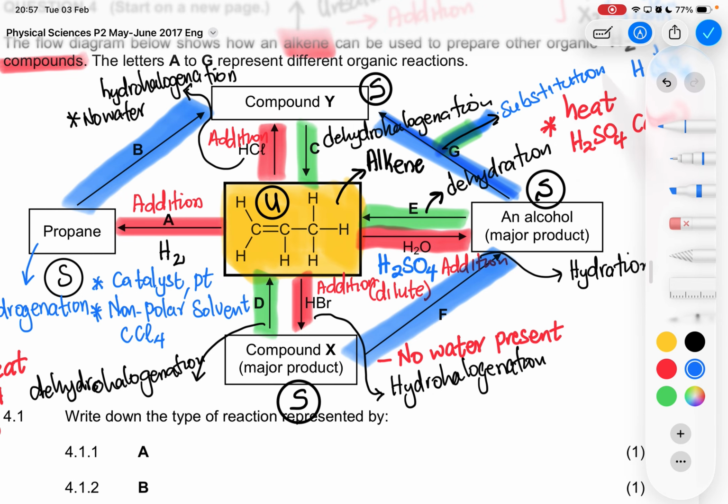Now I'm moving from a haloalkane, compound X, to an alcohol. What type of substitution reaction is this one?